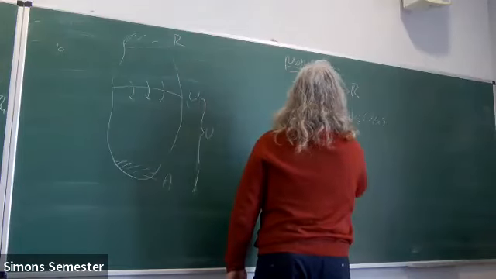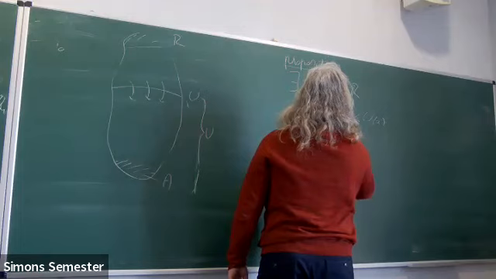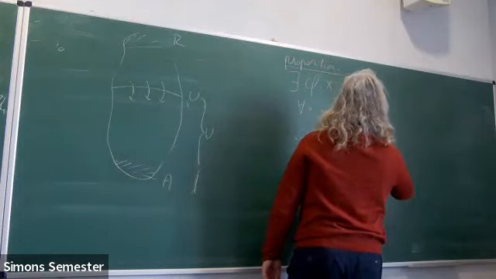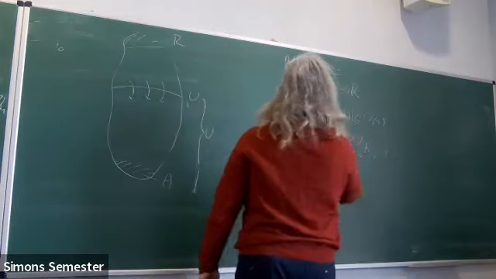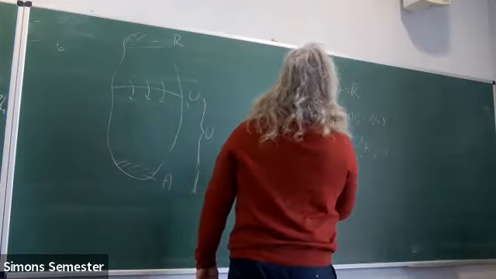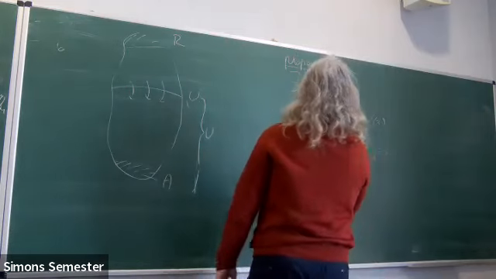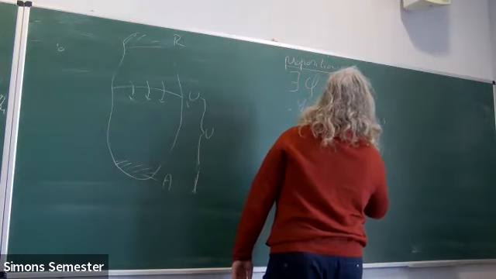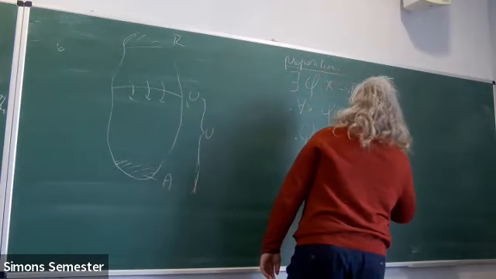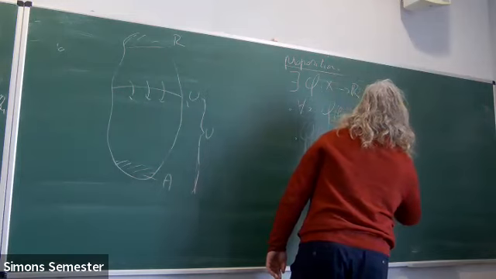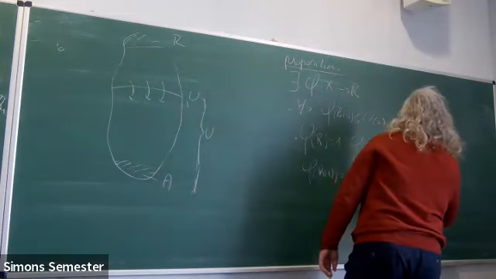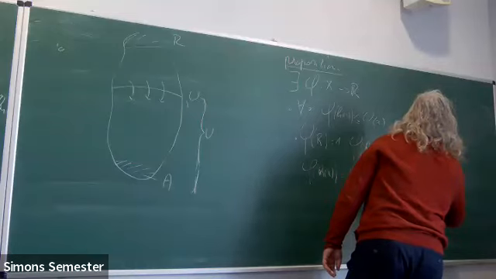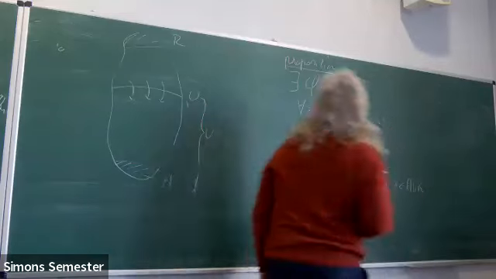I want that phi of R is equal to 1, phi of A is equal to 0, and phi of h of x is equal to phi of x if and only if x belongs to the attractor union the repeller.